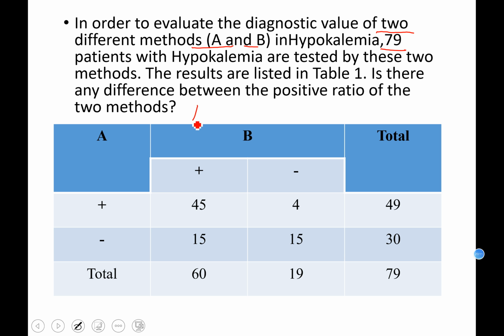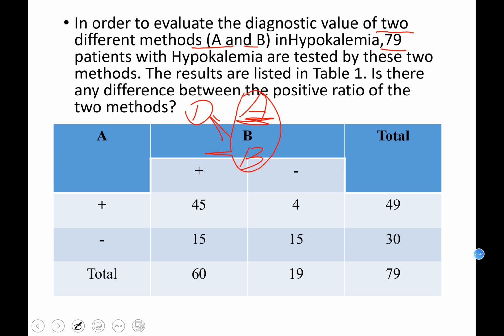That means for the first patient, we can use method A to test him, and we can get a result from test A. And at the same time, we use method B to test him too, and we can get another result from test method B. And for each person, he will get 2 results.